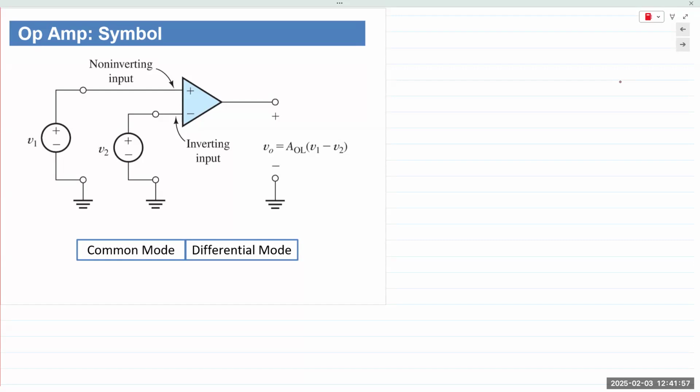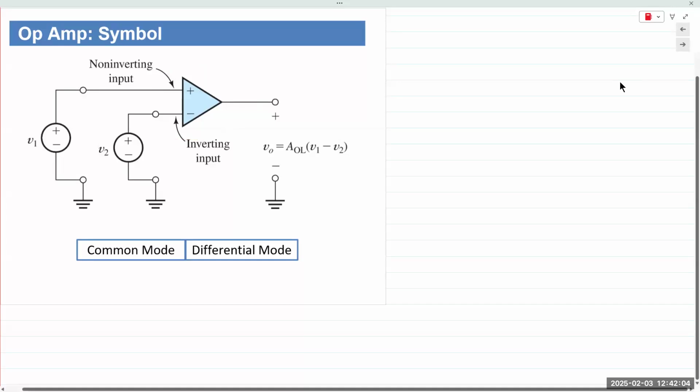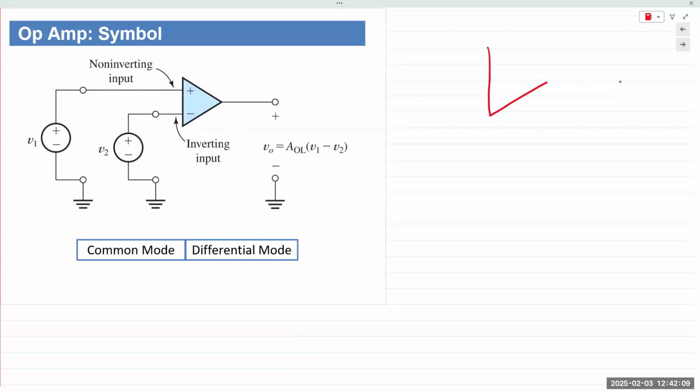This triangle right here is the symbol of an op-amp. It doesn't matter what kind of op-amp you're using, the symbol remains the same. It's a triangle with an output on the right and inputs to the left. In this case, of course, we have two inputs. They are typically marked with a minus and plus.